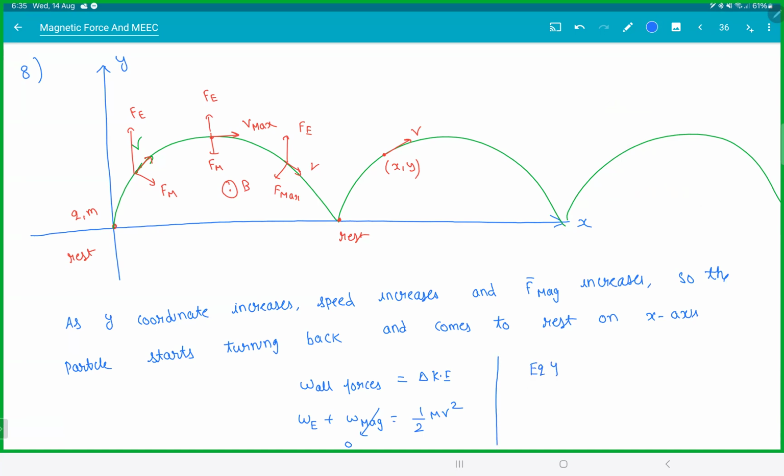So EQ into y, the force is constant, so the vertical displacement gives half mv square. Getting the speed is easy. Root over 2EQy by m. Speed is the easiest part because the only force which does work is the electric field, and the electric field is in j cap. So you should take only the j cap displacement. X coordinate doesn't matter. Do have a look at this.